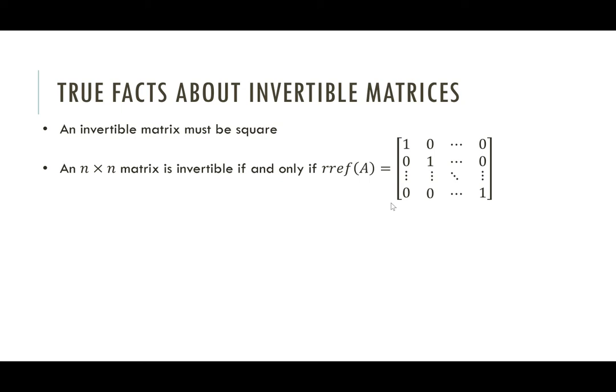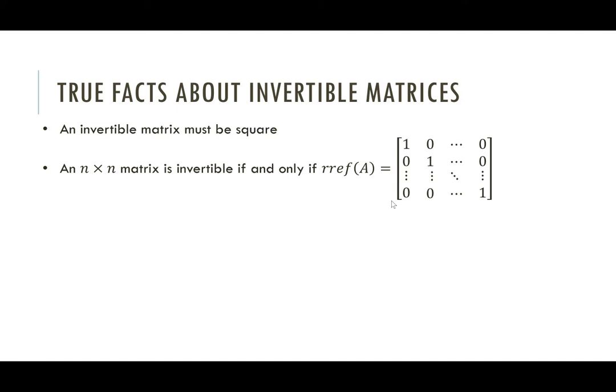If you have, for any output, exactly one input, that means that if you had a linear system with a unique solution, the system is invertible. And this condition, that the reduced row echelon form of A is the identity matrix, is the condition for having exactly one input for every possible output that's out there.